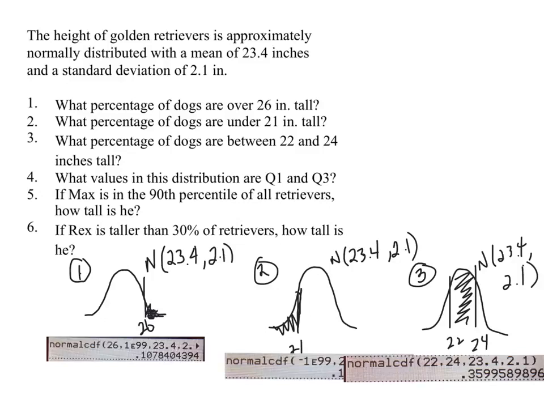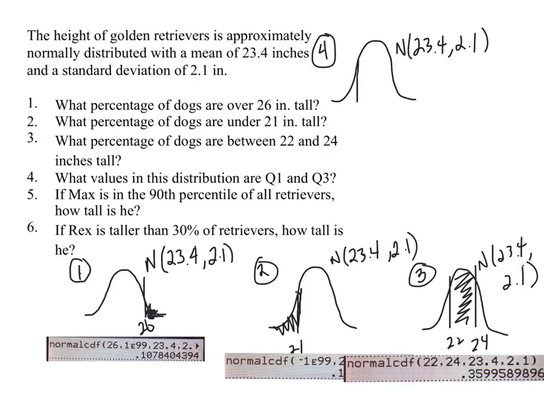Now, what values in the distribution are Q1 and Q3? I'm going to put this up here where I have a little bit of room, so number 4. It's the same thing. It's still normal, 23.4, 2.1, and we want to know Q1 and Q3.